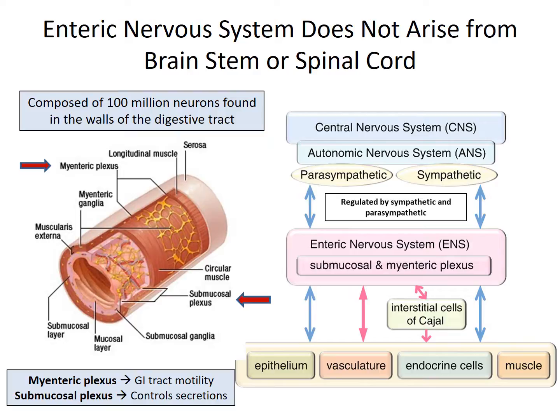In addition to the sympathetic and the parasympathetic nervous system, we also most oftentimes include the enteric nervous system as part of the autonomic nervous system. The enteric nervous system is composed of approximately 100 million neurons found in the walls of the digestive tract or the gastrointestinal tract.